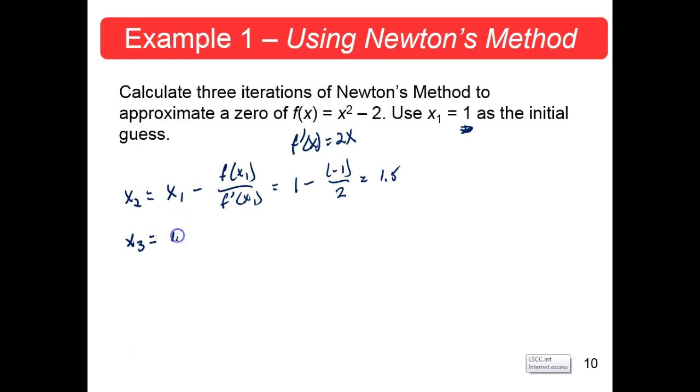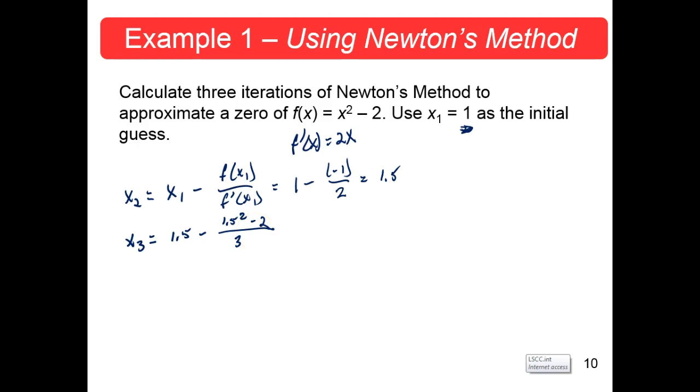That would be 1.5 minus 1.5 squared, what next? f of 1.5 is 1.5 squared minus 2, over 2 times 1.5, which would be 3. You see, over f prime. Okay? Got it?